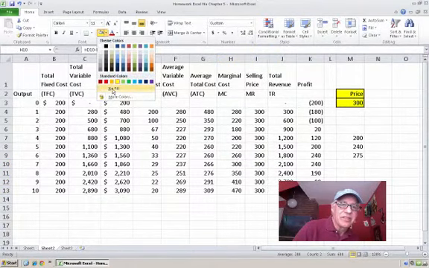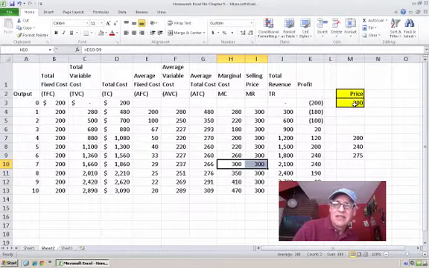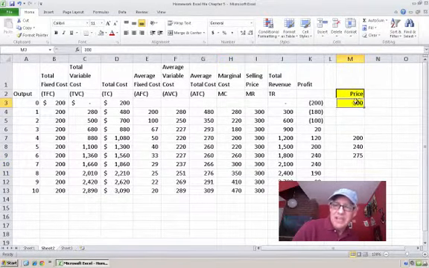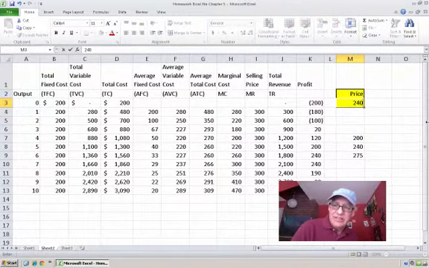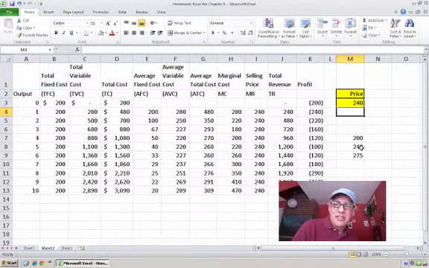But things change. Let me take off my yellow. I got a competitor that comes into my life, and I've got to cut prices because this guy is cutting prices on me, taking my business away. So I'm going to sell for just $240, right? Notice I'm not making a profit at all.